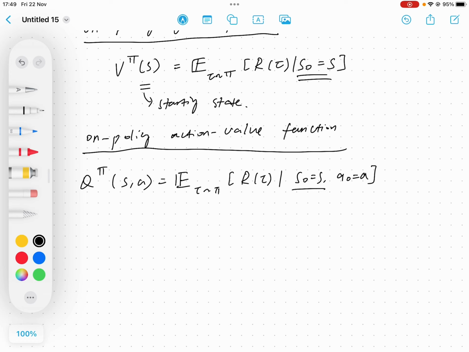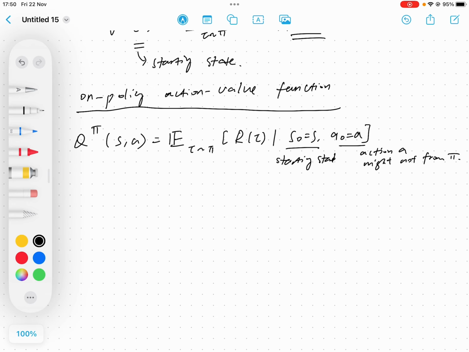Again, this s is the starting state, and this a is just some action at time 0, but it might not be an action from policy pi. Later we will see more intuition behind this.